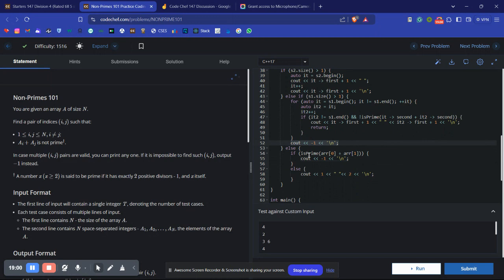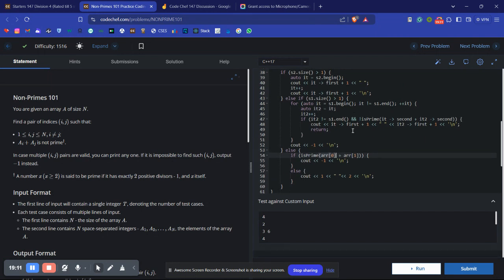After that, we proceed into our third case where we have only one element in each section, that is array of 0 and array of 1. One is odd and another is even. We check whether the summation of both values is prime or not, and if it is prime, then we are printing -1.